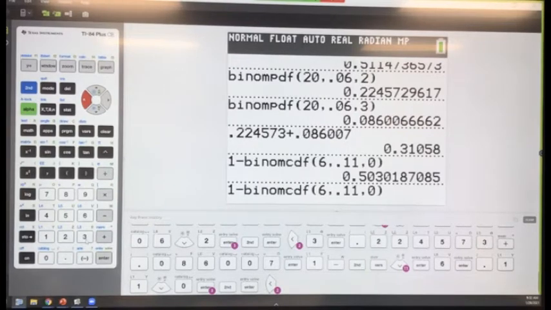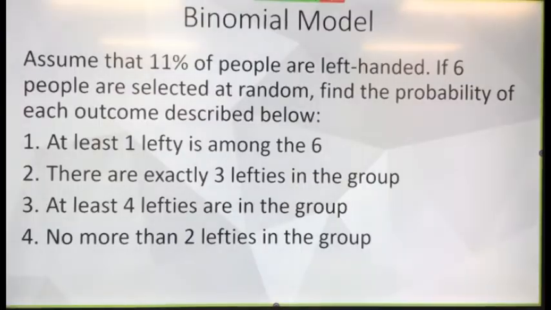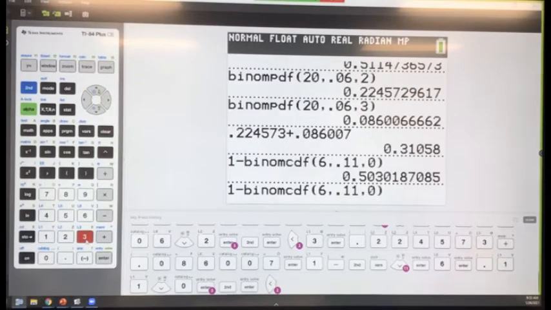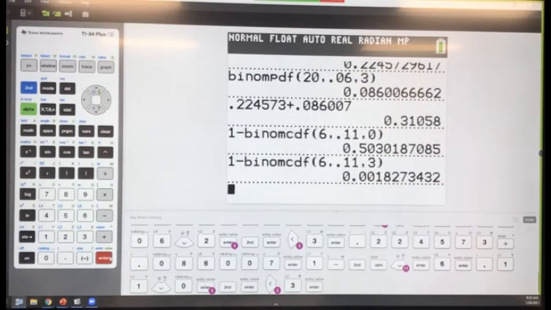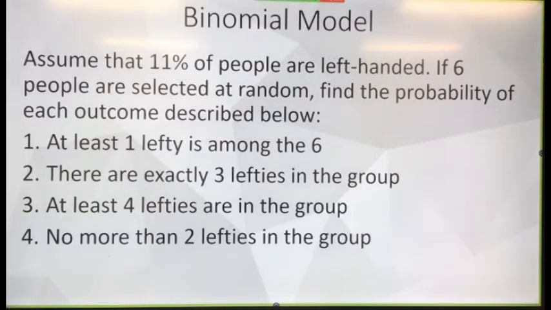So instead of 0, what am I changing this number to? 3. Very good. Did you get roughly 1.8% chance? Yes. 1.8% chance.